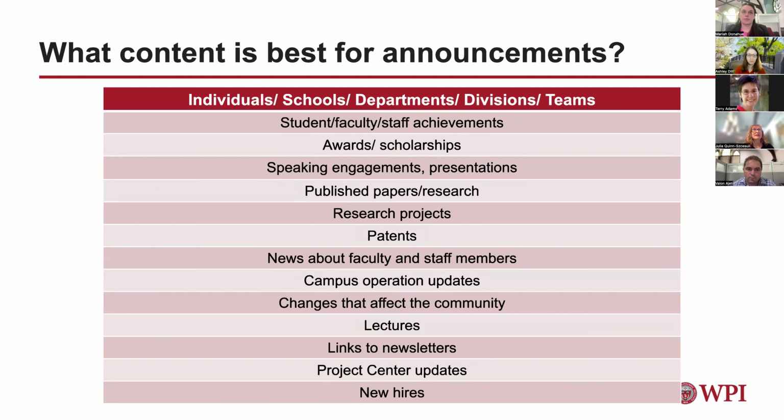Like I said, if somebody has a speaking engagement, if there's really exciting news that's happening in a project center that you want folks to know about, if your department, division, office has hired some new people and you want to let the community know about that, you can also put an announcement about that. So it's this whole big list. There's a lot that you can use to promote for an announcement.